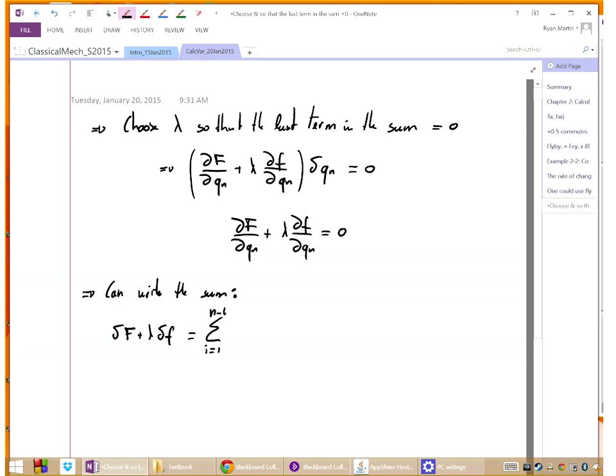That's now the sum from i equals 1 to n minus 1, because the last term is identically 0, so there's no point in writing it down. It's 0 because we chose lambda that way. And then we have ∂F/∂qi plus lambda ∂f/∂qi times delta qi.